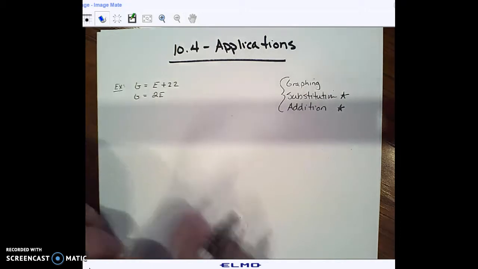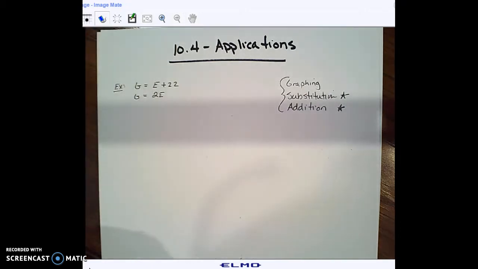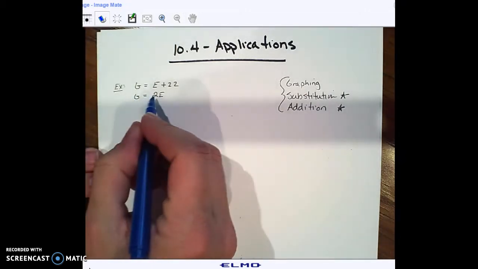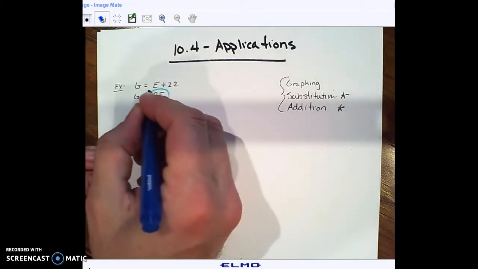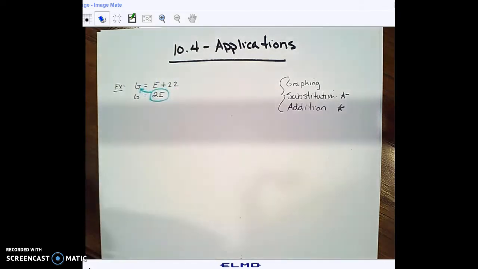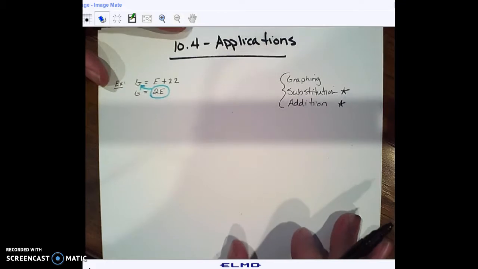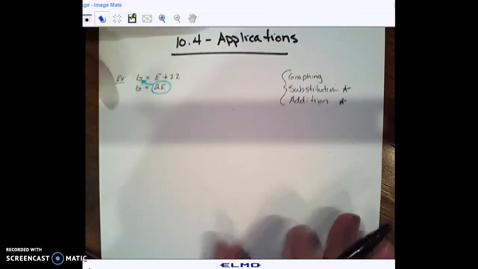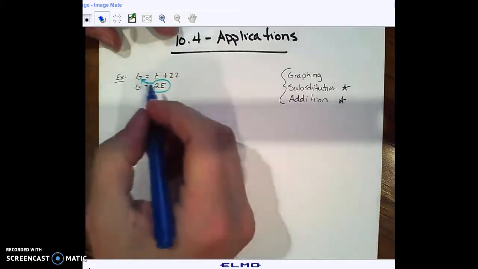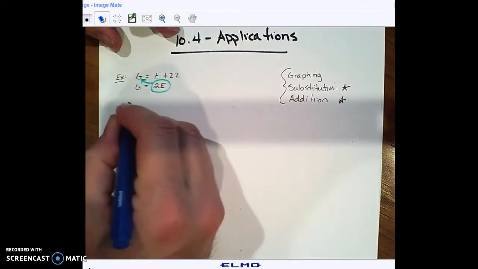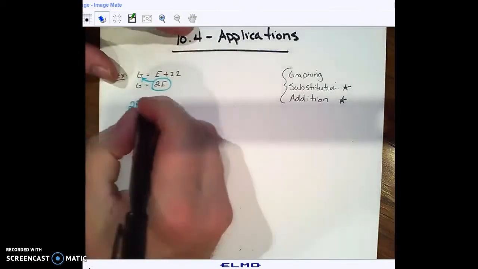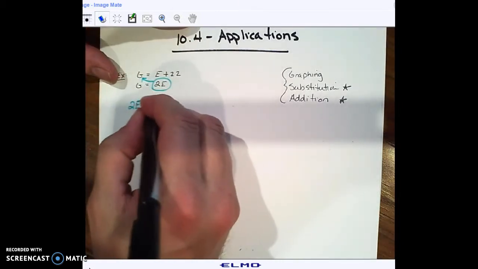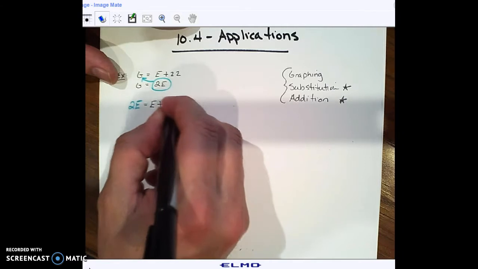Well, that means if I know that g is equal to 2e, I can simply replace g with that, right? If you're struggling with substitution, go back to 10.2 and work through some questions. That should help you pretty significantly. So 2e will go in for g, so we get 2e is equal to e plus 22.